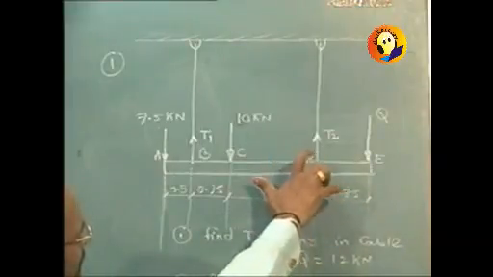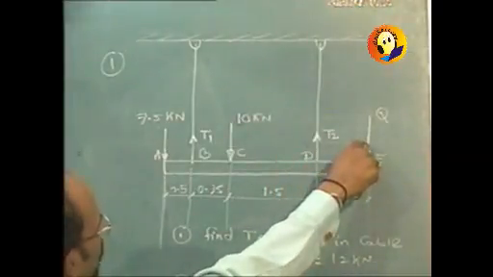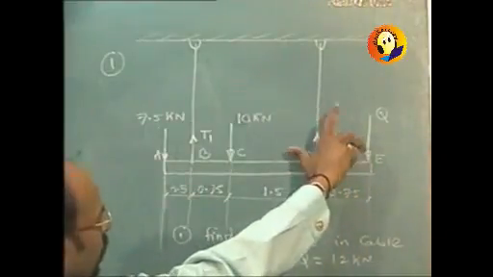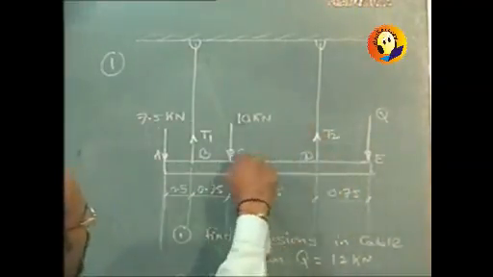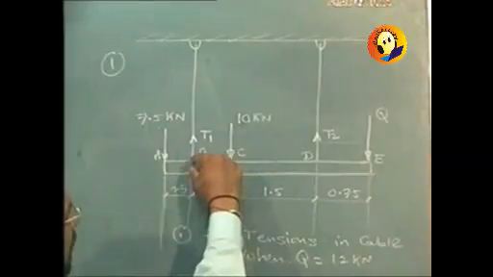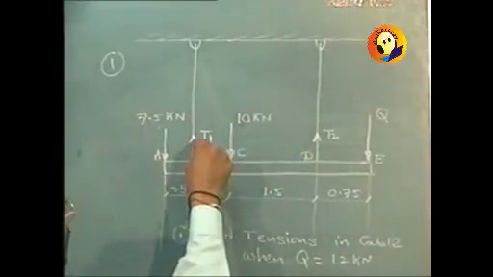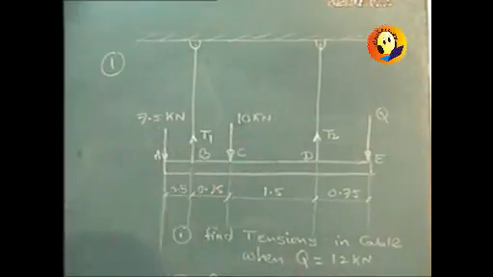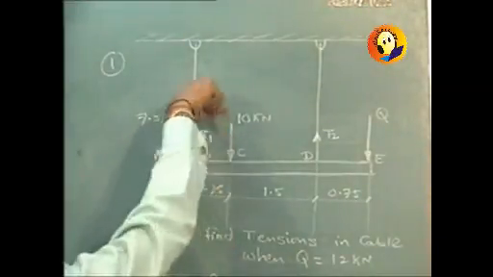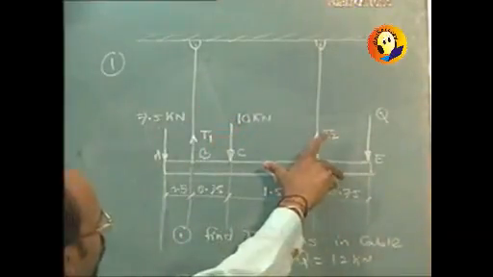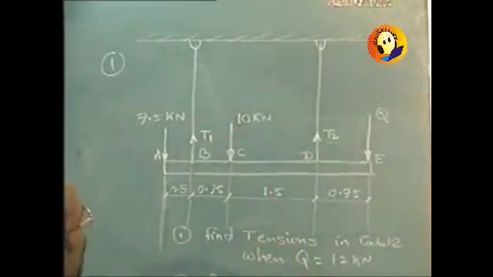See the consideration, why I have changed it: as I go on applying more and more load at Q, more and more moment will be produced, and that moment is going to cause this end to move up, because as I increase the load, this cable at one time will have zero tension, and after that it will become slack. So we are required to find out the time when this is about to rotate. It is just balancing. That means tension T1 will be 0.